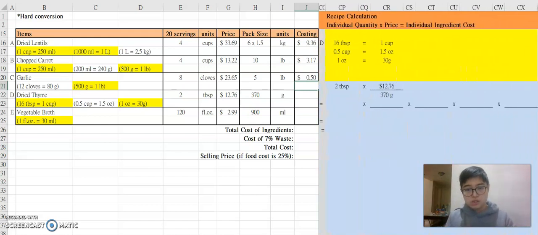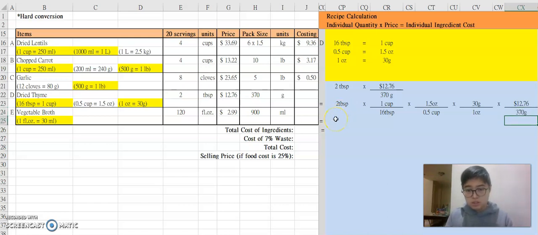Okay, the last two. 2 tablespoons. 16 tablespoons is equal to 1 cup. Then 0.5 cup. 1.5 ounce. 1 ounce equals 30 grams. And then copy the equation here.